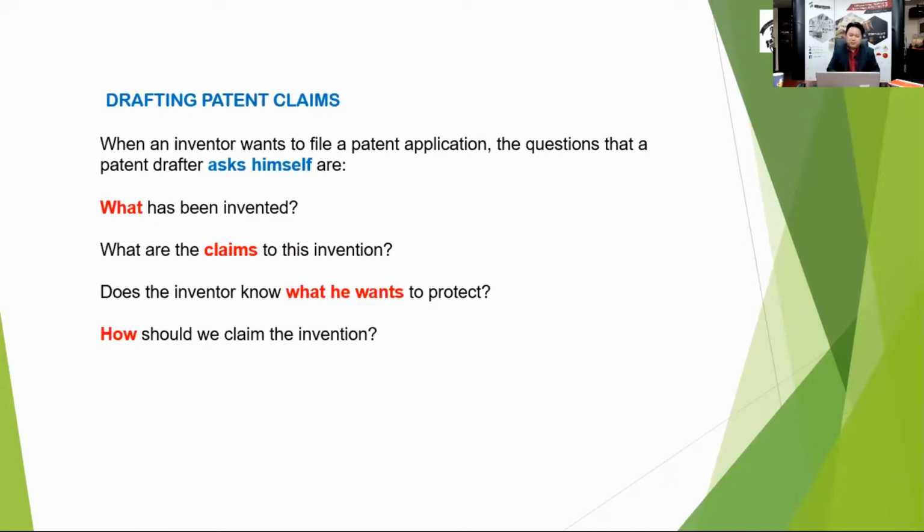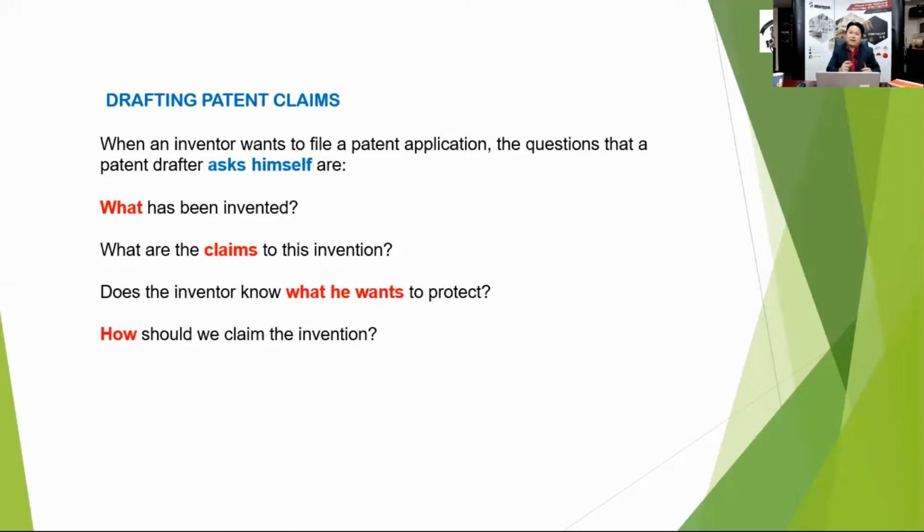From the perspective of a patent drafter, whenever an inventor wants to file a patent application, these are the questions the inventor must ask himself. Number one, what has been invented? What are the claims to the invention?